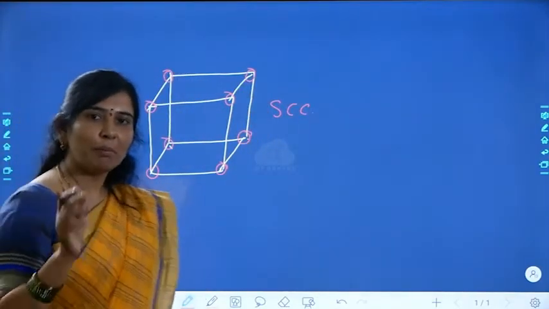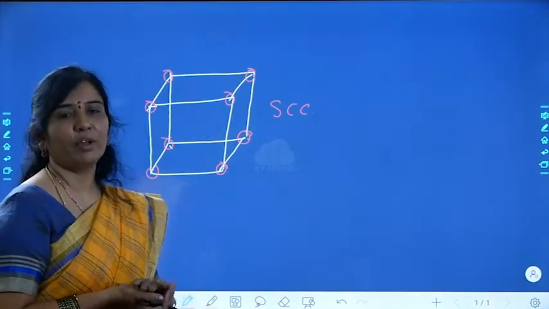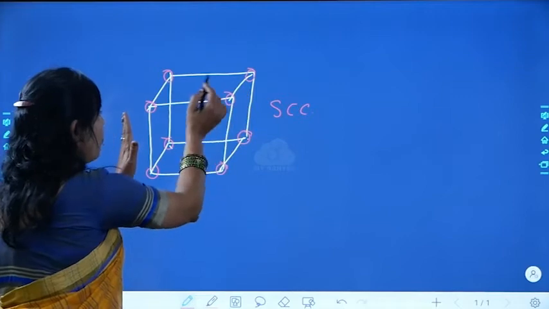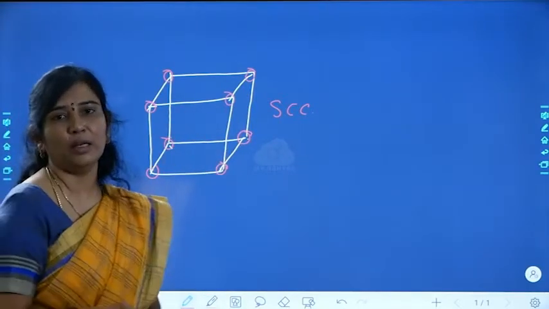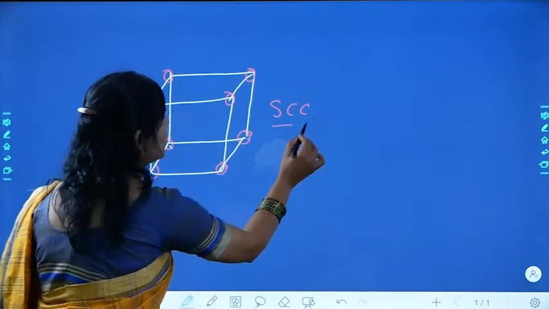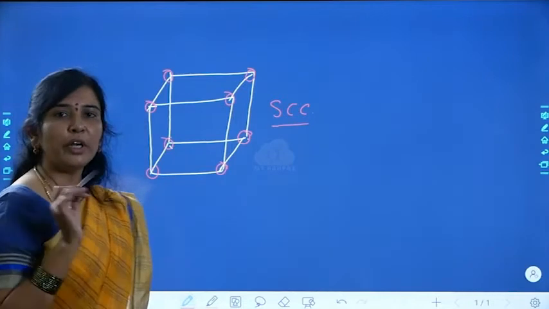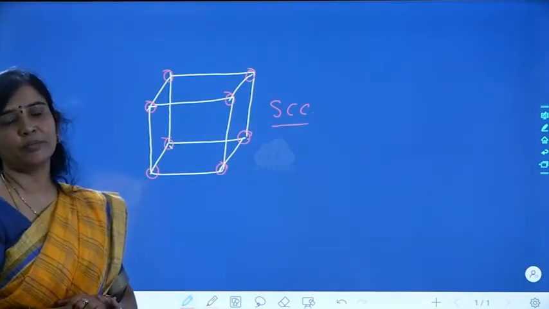Now what do you mean by primitive unit cell? It's a type of unit cell where the constituent particles are present only at the corners of the unit cell, nowhere else, only at the corners. Such unit cells are known as primitive unit cell or simple cubic unit cell. Is it clear?